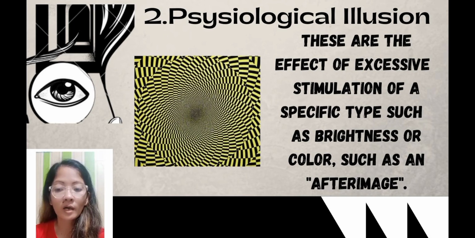So number two is the psychological illusions. These are the effects of excessive stimulation of a specific type, such as brightness or color, such as an after image. A common psychological after image is the dim area that seems to float before one's eye after briefly looking into a bright light source, such as a camera flash.